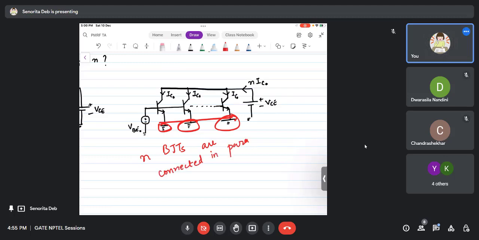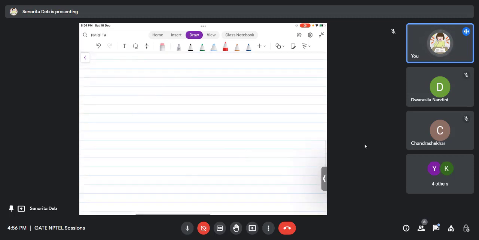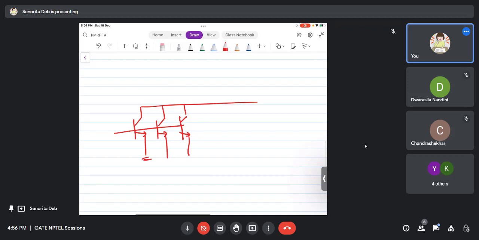And this results in what? The collector current has to be increased so that all the transistors are biased. So if one transistor has IC0, then the total current is n times IC0. If I redraw this, I think it will be easier to understand.